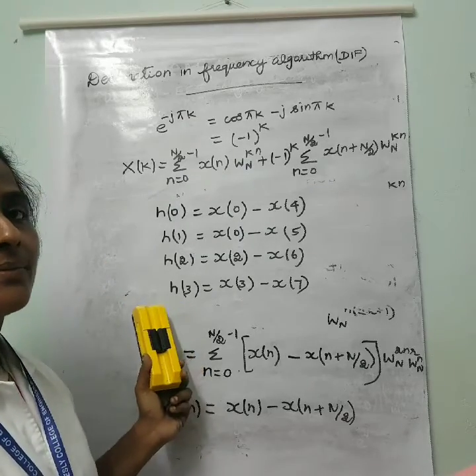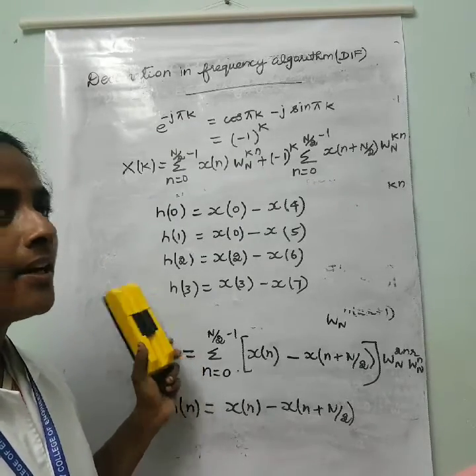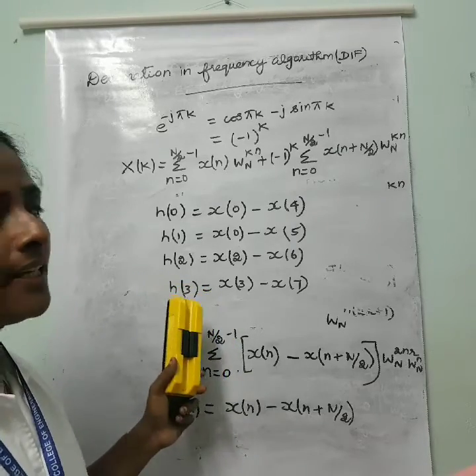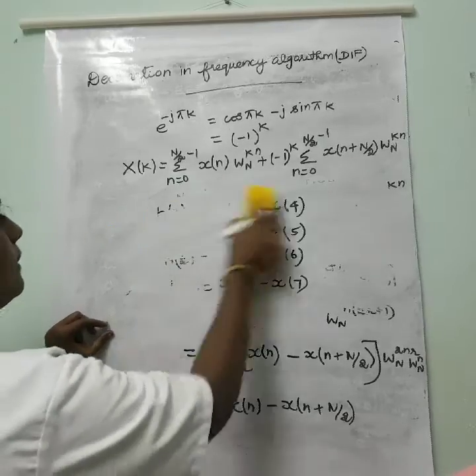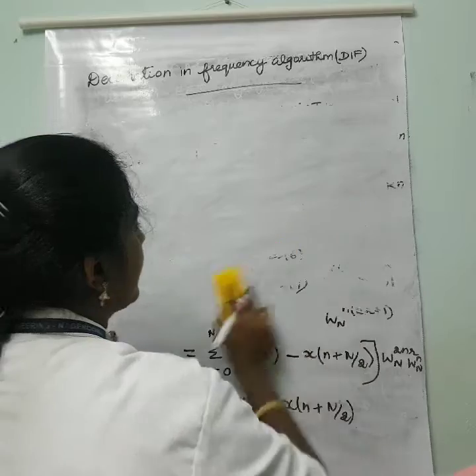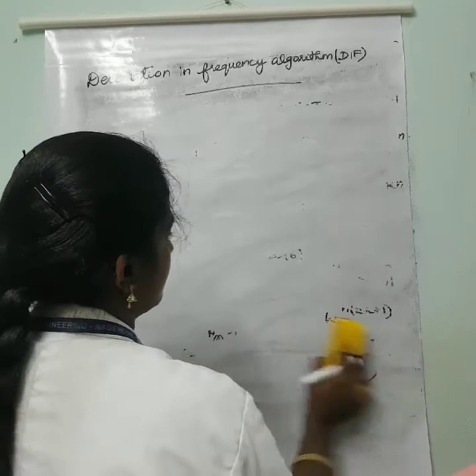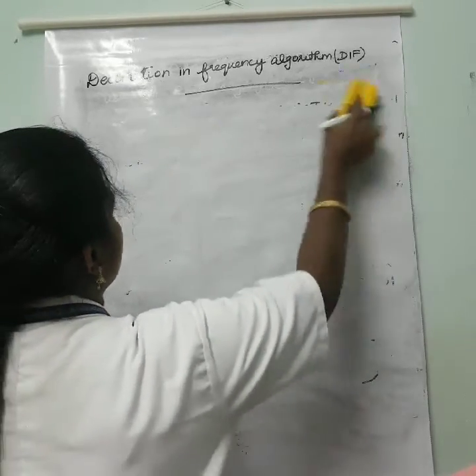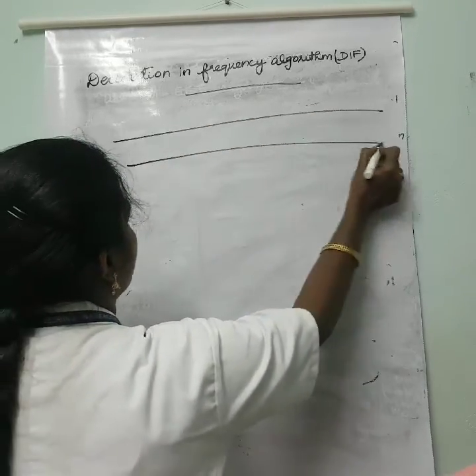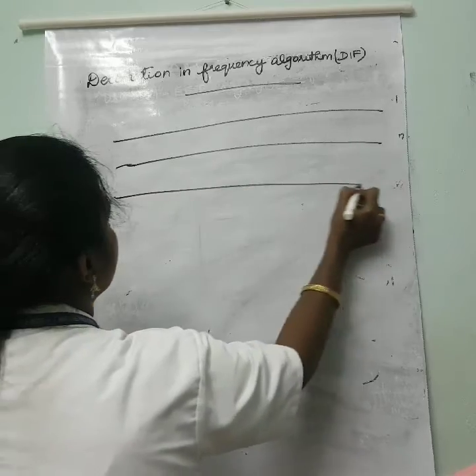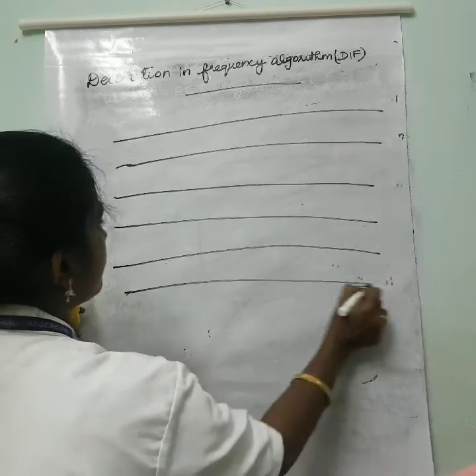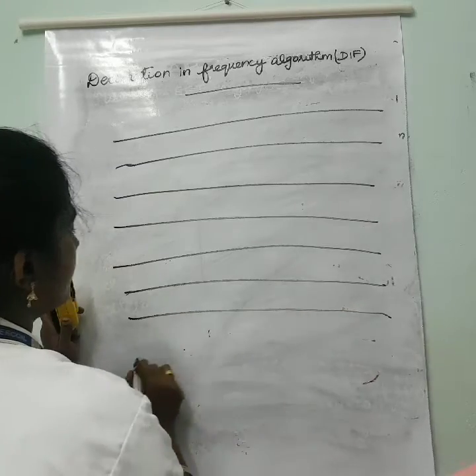By these equations we can draw the first stage of the butterfly diagram in the DIF FFT algorithm. You can draw 8 lines like this: 1, 2, 3, 4, 5, 6, 7, 8.